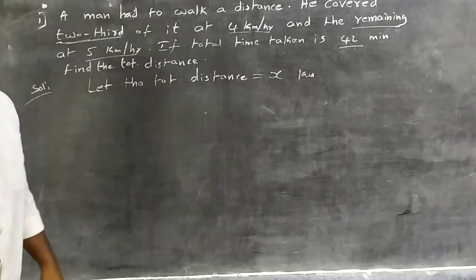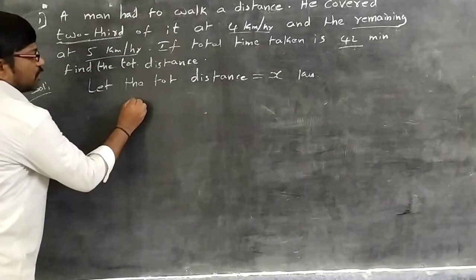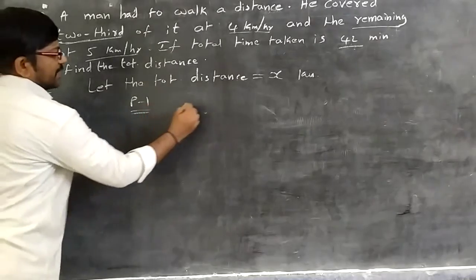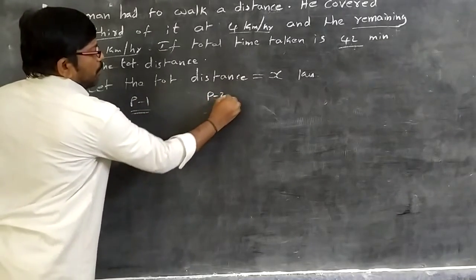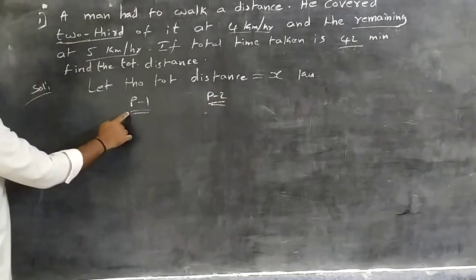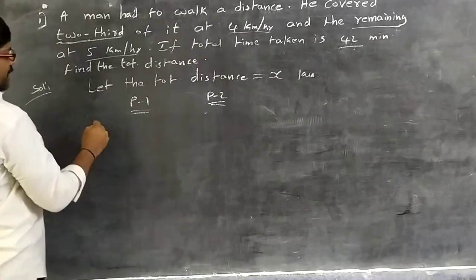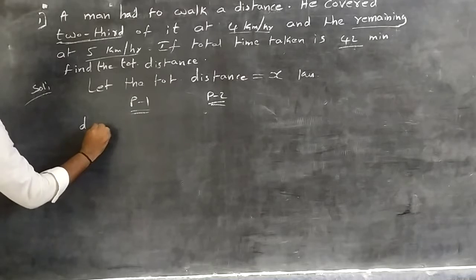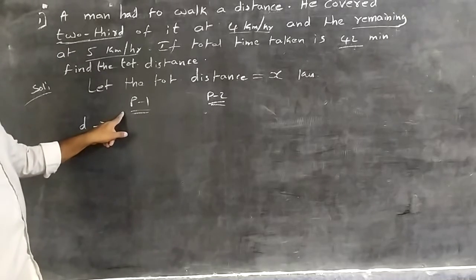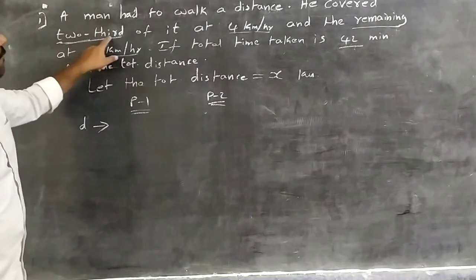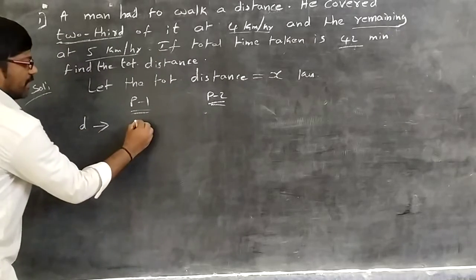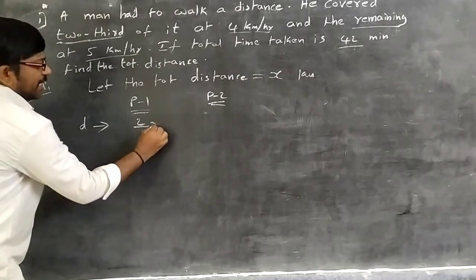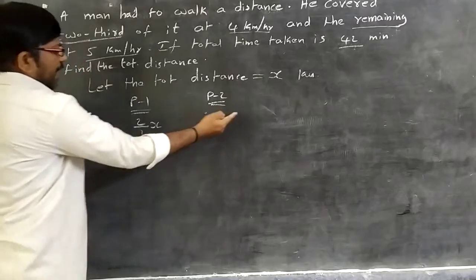There are two parts. The first one is part 1, P1. The second one is P2, part 2. In part 1, what is the distance? D is equal to 2/3 of the total distance, that is 2 by 3x. In part 2, the remaining distance.